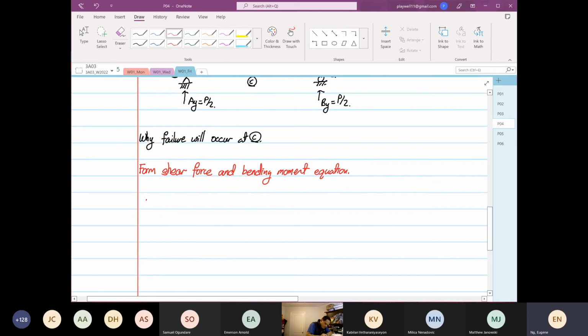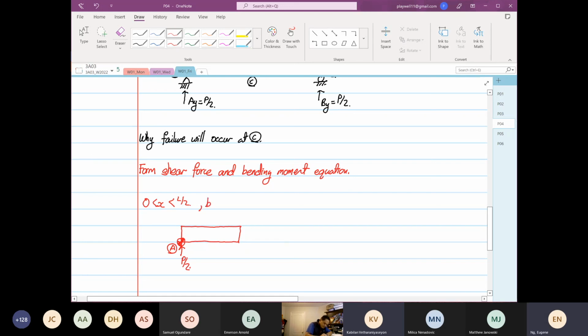We're going to look at x from 0 to L over 2. So this is our point A, where we have P over 2, and over here this is our geometric datum. So this is from 0 to L over 2.